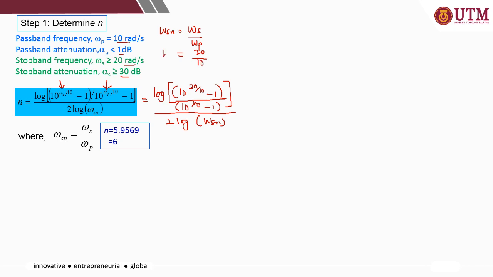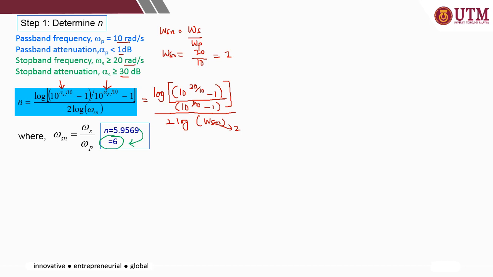So omega Sn is equal to 2. After the calculation, you will get n equal to 5.9569, which you need to round up to the next higher whole number. So basically n is equal to 6.